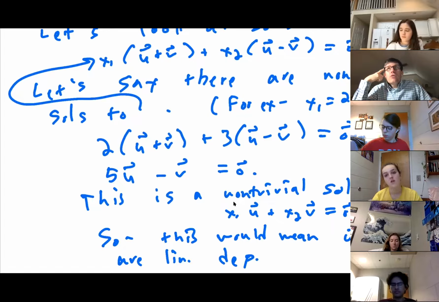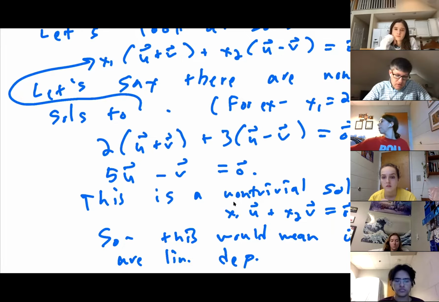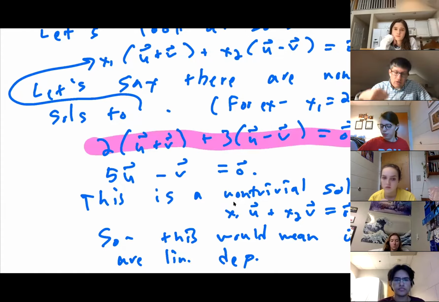But I know that there can be no non-trivial solutions to the one just involving u and v. The only solution is 0 and 0. Because of that, I know that this bit right here is garbage. This could never have happened.